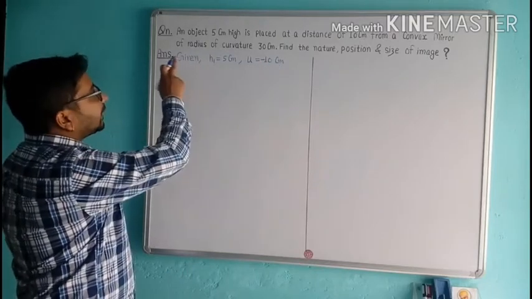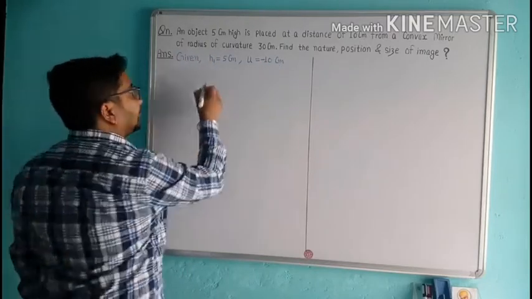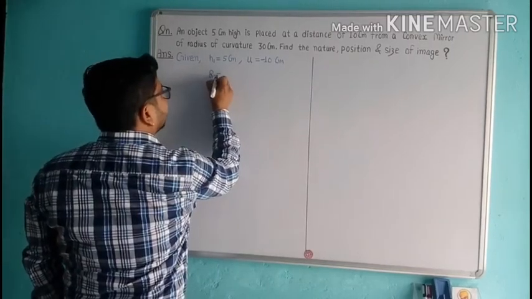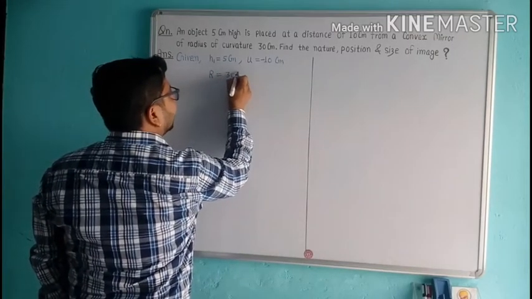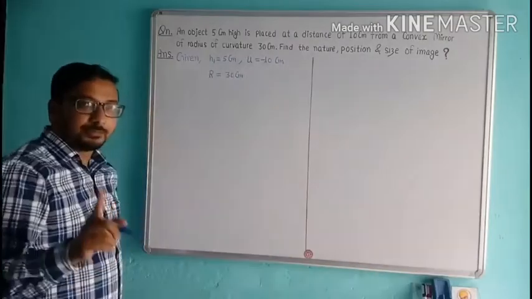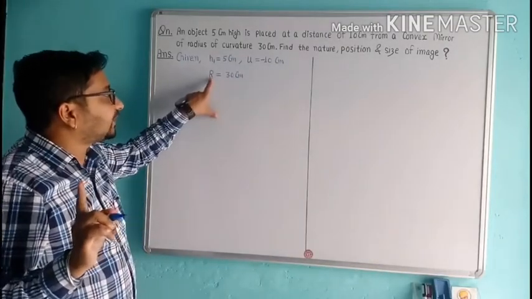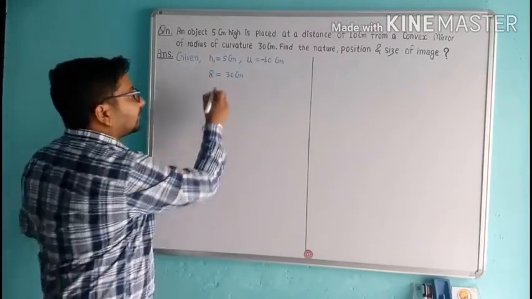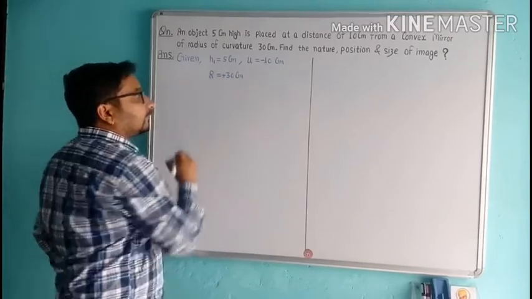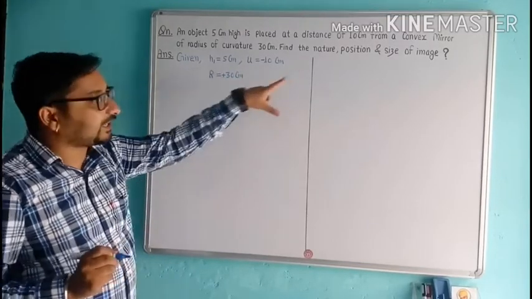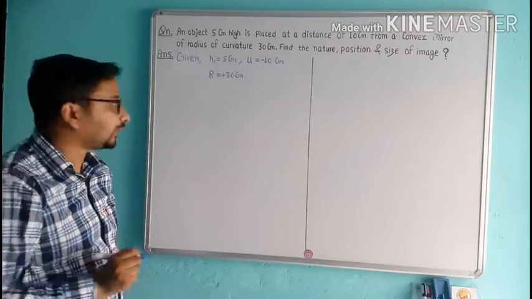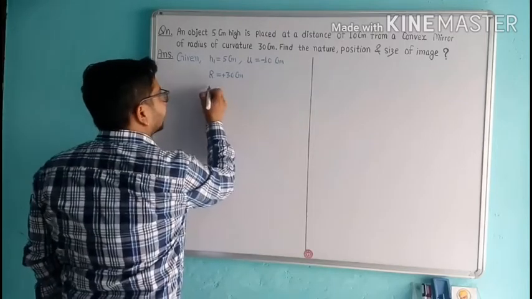Next is convex mirror of radius of curvature 30 centimeter. Radius of curvature is given as 30 centimeter. Now remember one thing, we always take radius of curvature positive in case of convex mirror. R is equal to plus 30 centimeter.